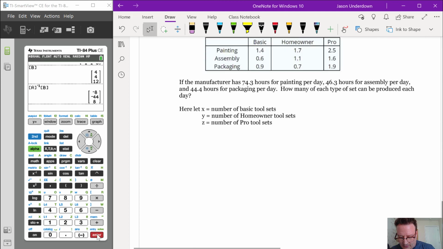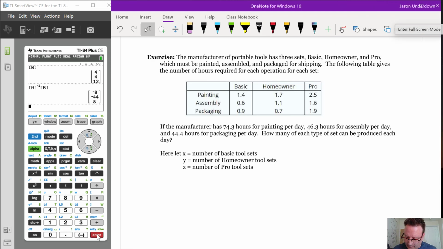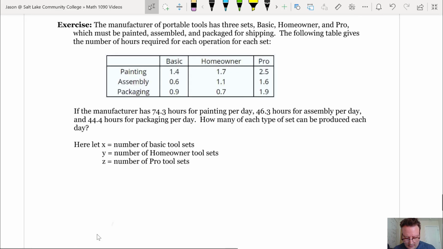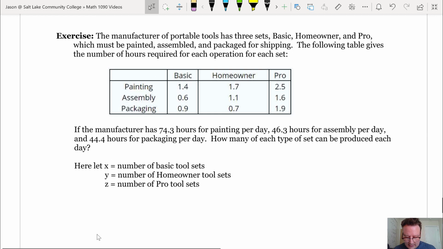Okay, let's move on to this next exercise. I'm going to switch back to full screen here. The manufacturer of portable tools has 3 sets: Basic, Homeowner, and Pro, which must be painted, assembled, and packaged for shipping. The following table gives the number of hours required for each operation for each set.